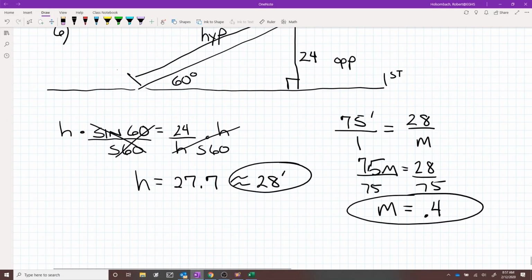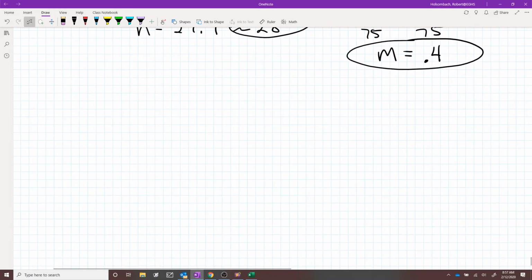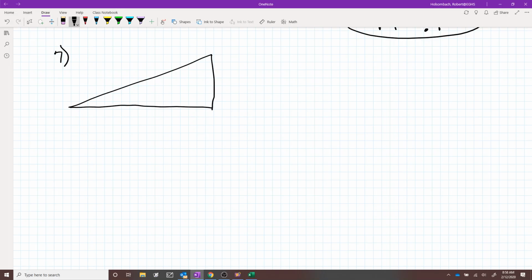Has everybody got that written down? Alright, number 7. Find the value of x. Alright, these are a couple of inverse trig ratios.